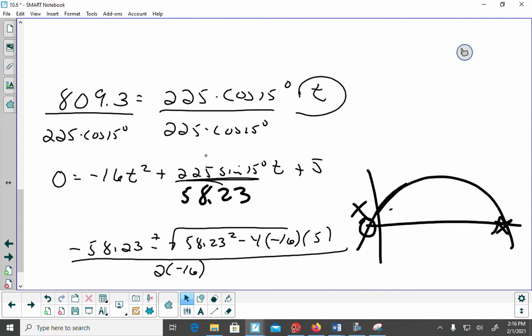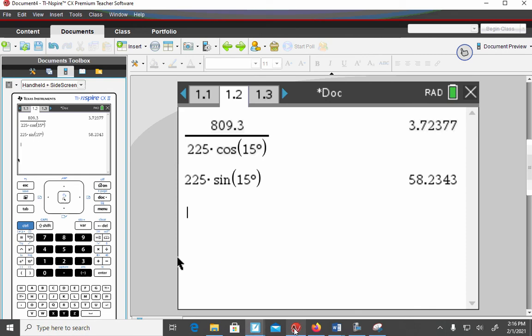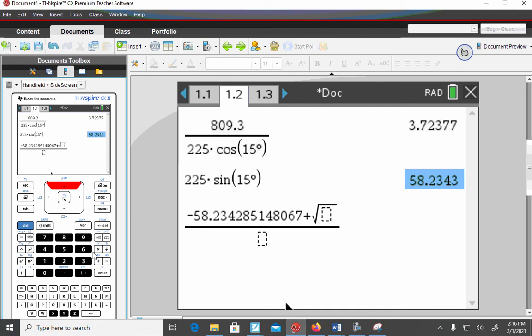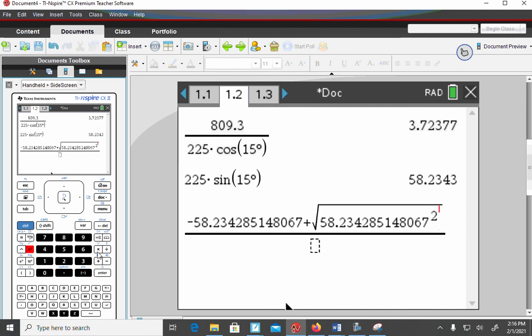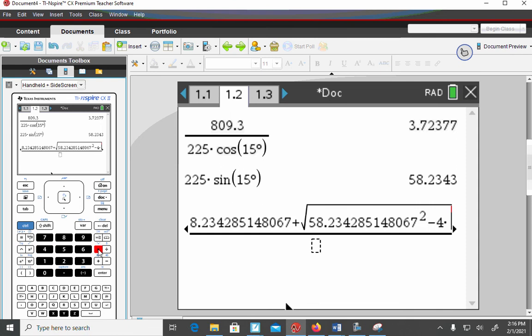So here I go using my wonderful calculator. I already have this, so I'm going to make a fraction. I'm going to do the opposite of b, so I'm going to go up and grab that. I'm going to do plus first, plus the square root of b squared minus 4 times negative 16, which is a, times c, which is 5.